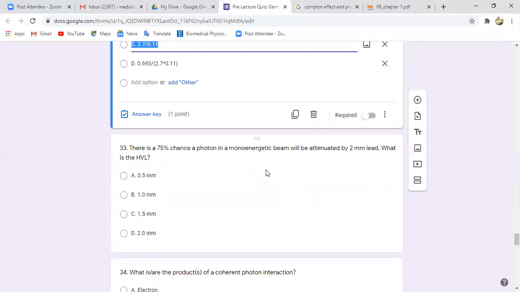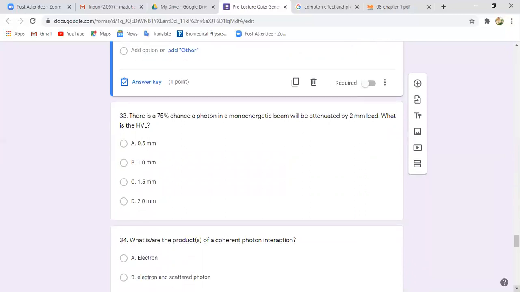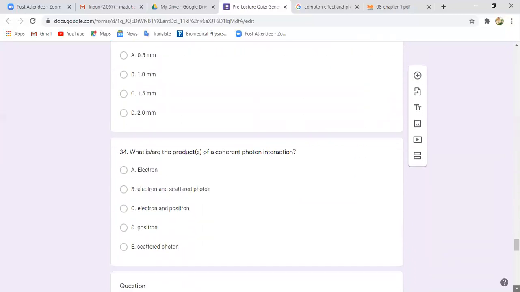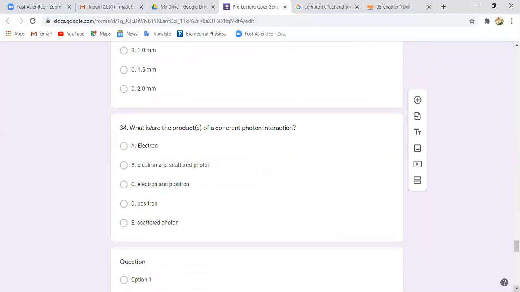We've treated this question before. 33. Repetition. So what are the products of a coherent photon interaction? What are the products? It's a scattered photon.